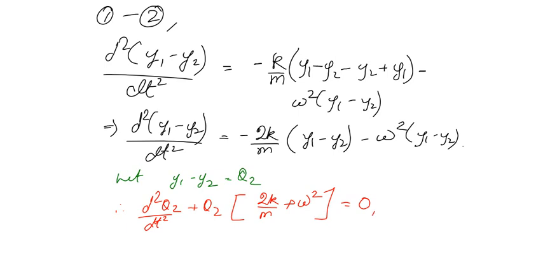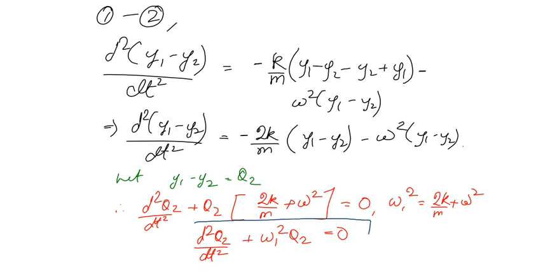Now we assume a quantity called omega 1 squared to be equal to 2k by m plus omega squared. Therefore, we can write the final equation of motion for body B to be d squared Q2 by dt squared plus omega 1 squared Q2 is equal to 0.